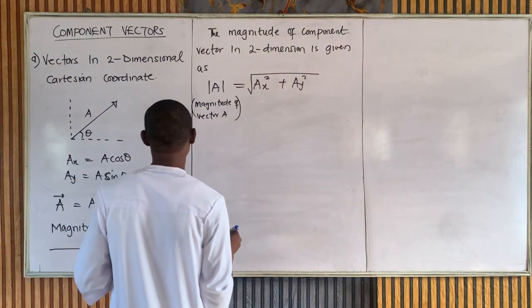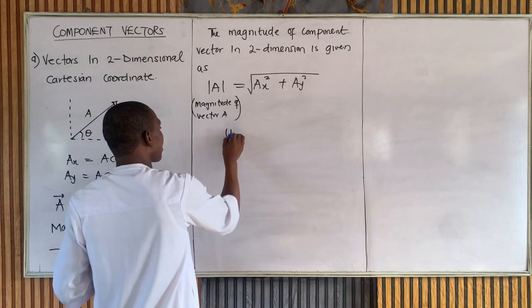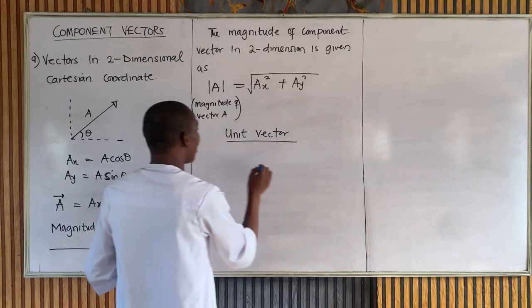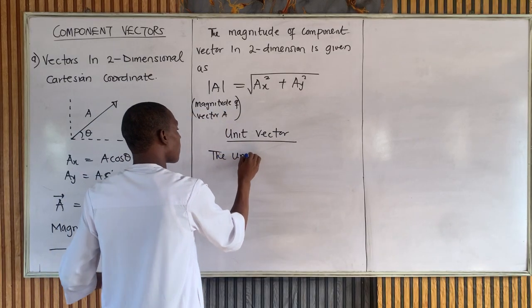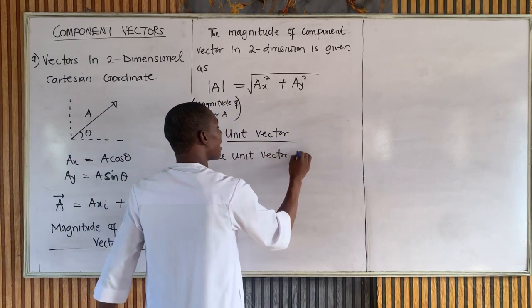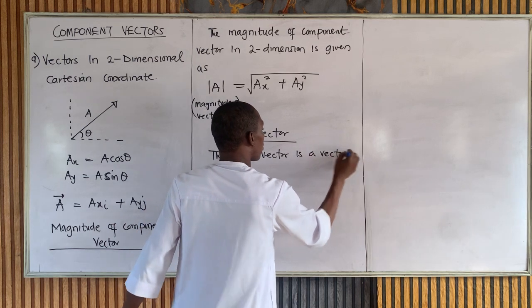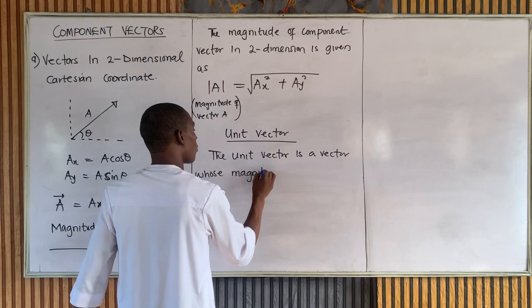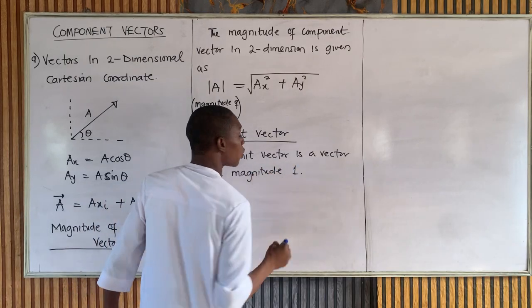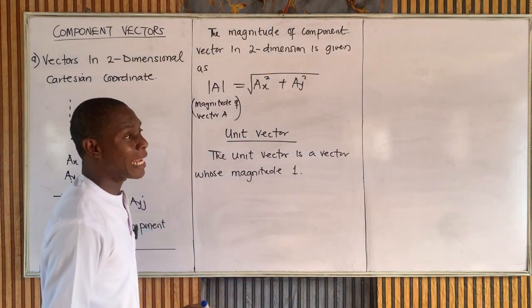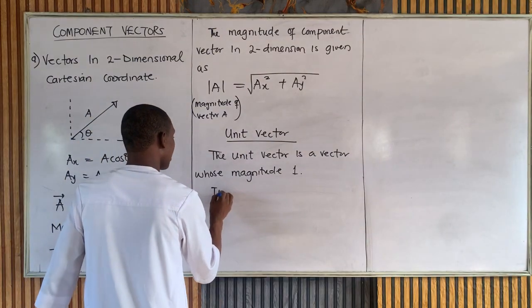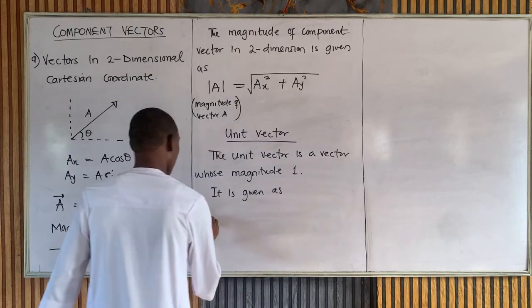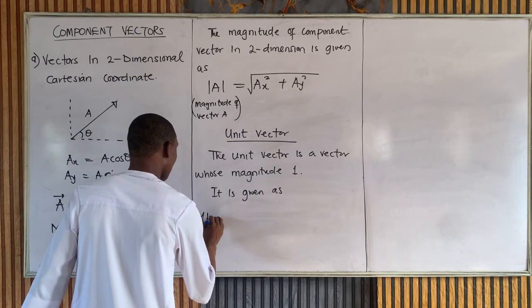And the other thing we could talk about here is the unit vector. Now, the unit vector is a vector whose magnitude is 1, or you say unity.